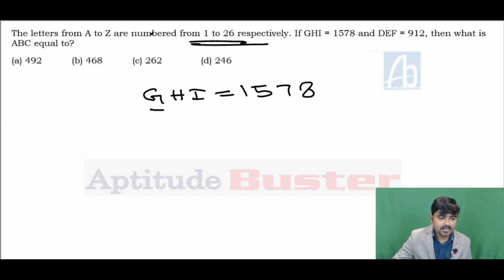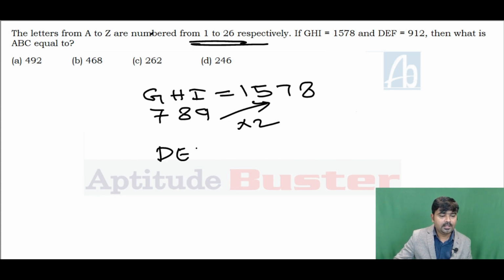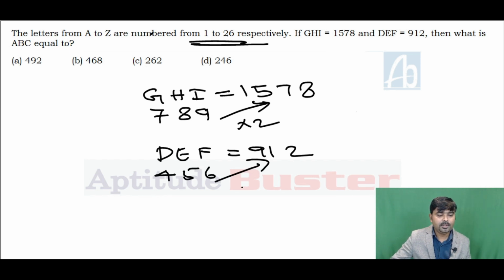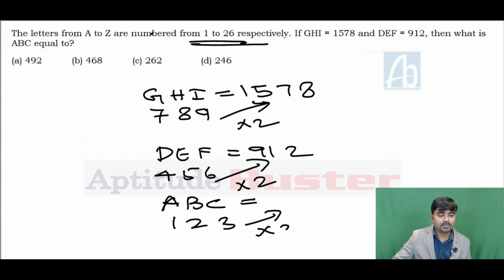G is the 7th letter, H is the 8th letter, I is the 9th letter. Then 789 into 2 gives you 1578. Next check DEF is equal to 912. D is the fourth letter, E the fifth letter, F the sixth letter, 456 into 2 will give you 912. ABC is 123, that into 2 will give you 246. It's a very simple question. The answer is 246.